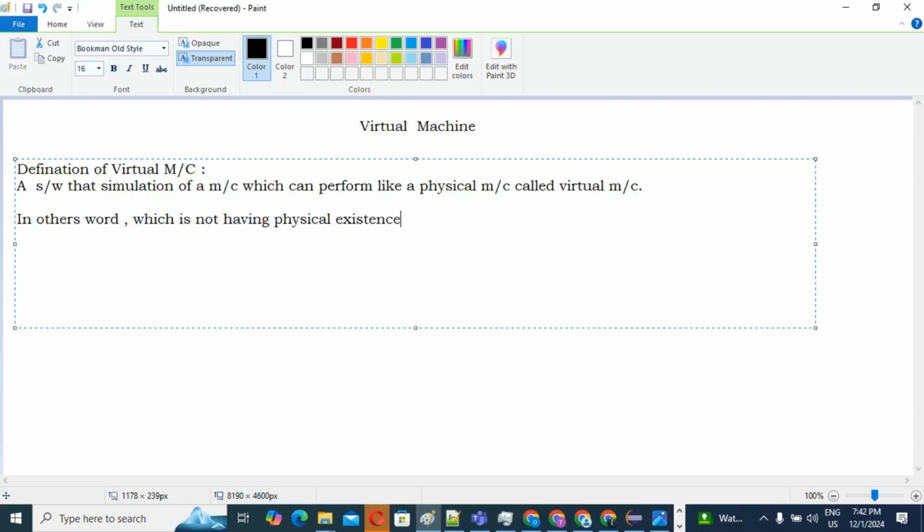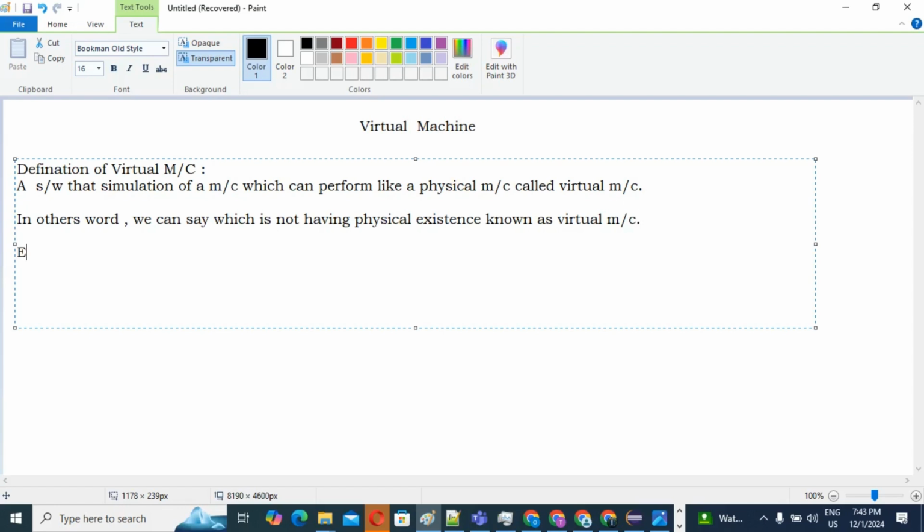In other words, we can say that which is not having physical existence is known as, guys, what? Virtual machine, correct? Yes, no, guys, that is our definition.